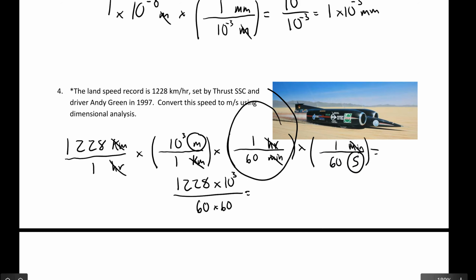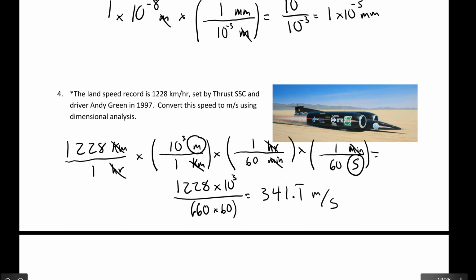So 1 hour is equal to 3,600 seconds. And that kind of eliminates one step. But you don't have to do it that way. You could do it out the long way. And you should get about 341.1 repeating meters per second. And if you didn't get that, you probably didn't put this in parentheses.